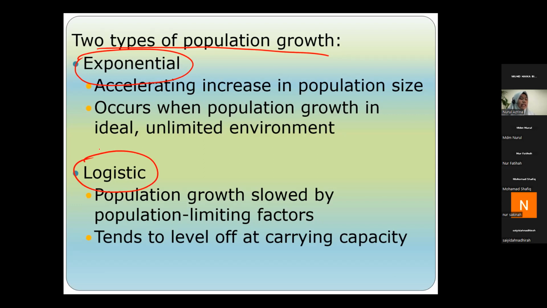Exponential means the population will grow in a J-shaped form, J-shaped growth curve. And for logistic, the population will grow in an S-shaped form, so we also call it the S-shaped growth curve.